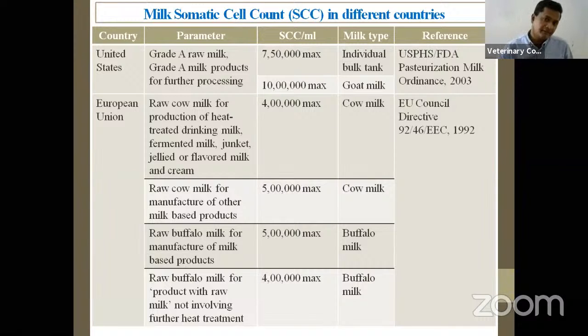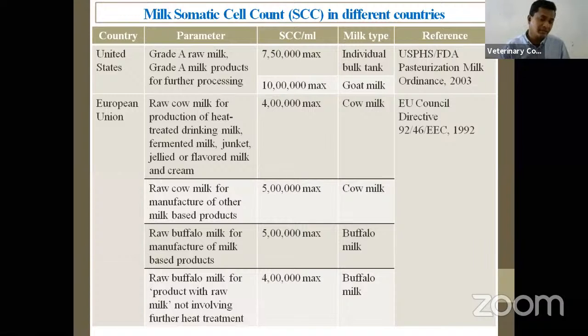All of these cells together we call somatic cells, predominantly leukocytes. And why does their number increase in the milk? Consequent to the infection in the udder that has resulted in inflammation. And inflammation of the udder, you call it mastitis.